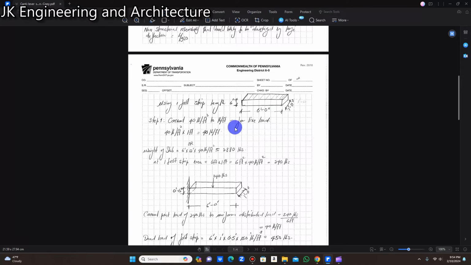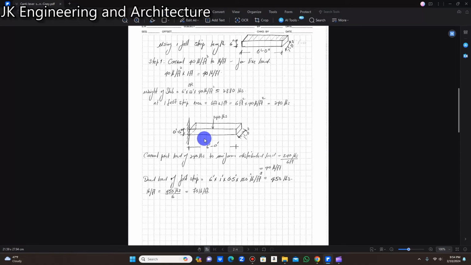Since we are using a 1 foot strip, we simply multiply this 40 pounds per square foot by 1 foot, and we get 40 pounds per foot. Or a longer way, but a more secure way, to derive that 40 pounds per foot. So I'm going to take you through the longer calculation.